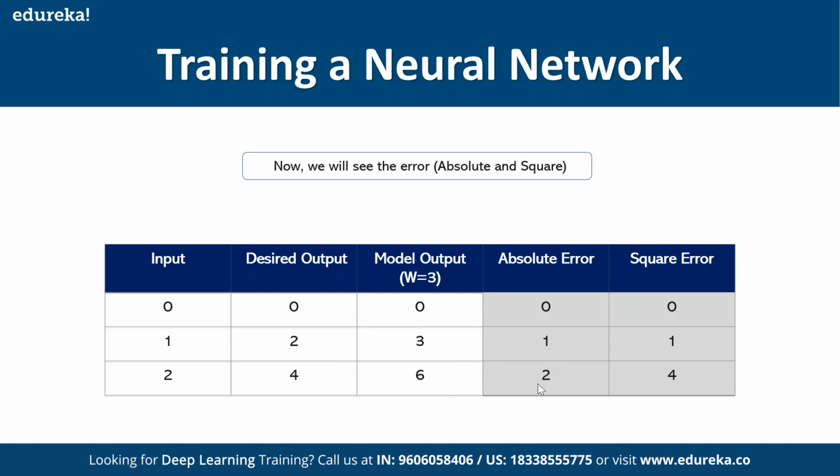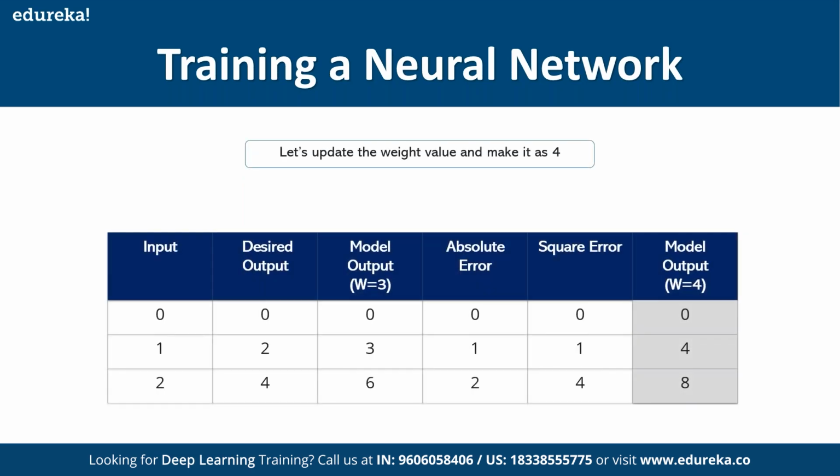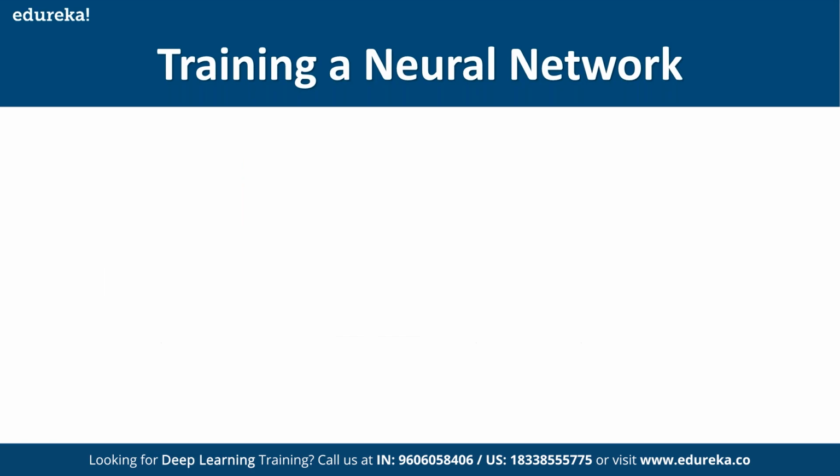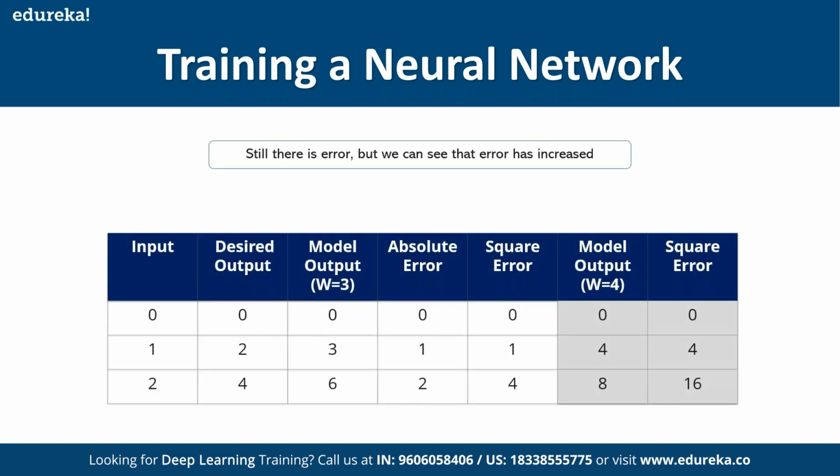So what it will try to do is minimize this error by adjusting the weights. So if you see, as it adjusts the weights, suppose you now keep a weight of 4 instead of 3, these are the values you are getting, right?